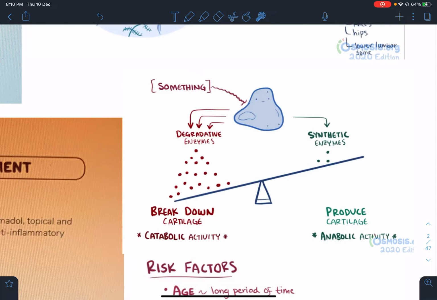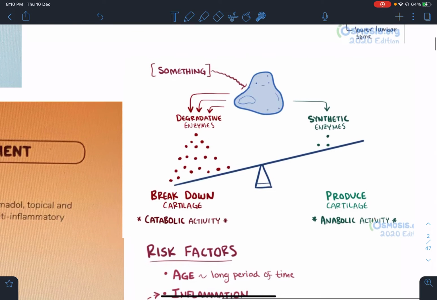So in osteoarthritis, something is causing the chondrocyte to have increased catabolic activity, which is breaking down the cartilage, and it has low synthetic activity, meaning it's producing less cartilage, meaning anabolic activity.